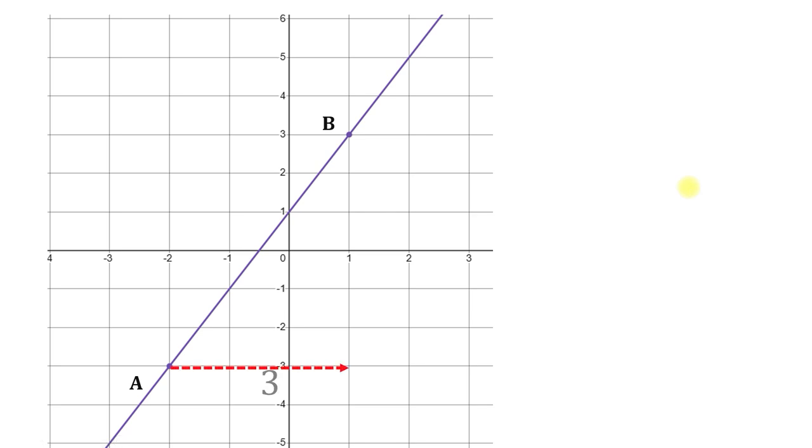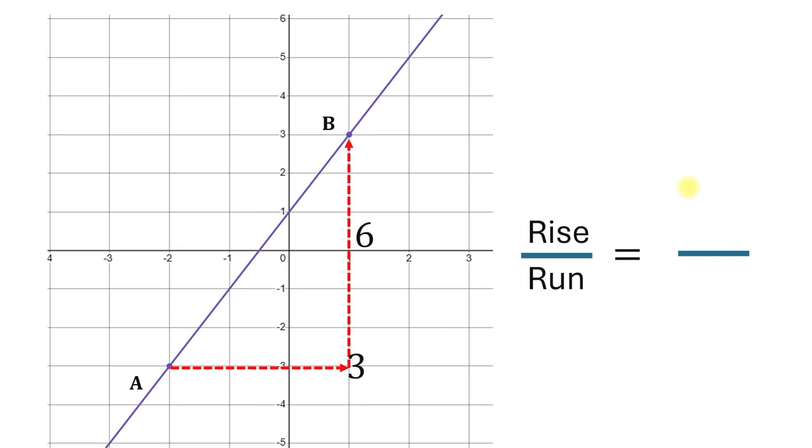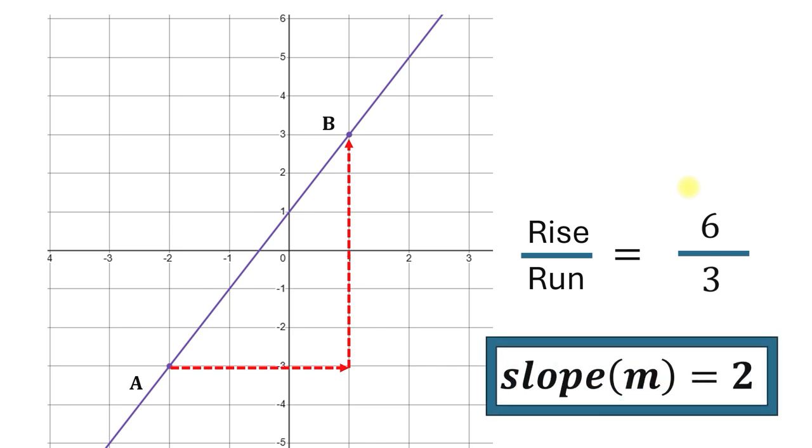There's our run. It's a run of 3 units, followed by a rise of 6 units, rise over run. Our run is 3, our rise is 6, and 6 over 3 reduces to 2, so our slope is 2.